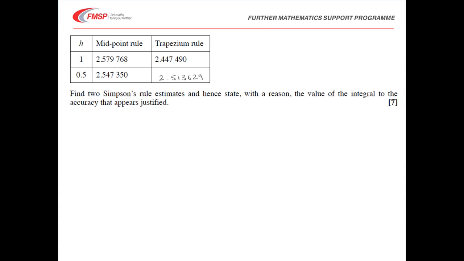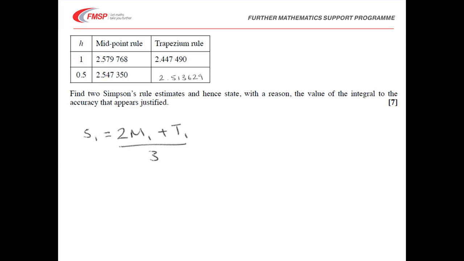Just like there's a shortcut to work out the trapezium rule, provided you know the previous midpoint and trapezium, Simpson's rule is a weighted mean of the midpoint and trapezium rule values. So to find the first Simpson's rule estimate, I do (2M1 + T1) over 3. That's because the midpoint rule is always twice as close to the real answer as the trapezium rule approximation.